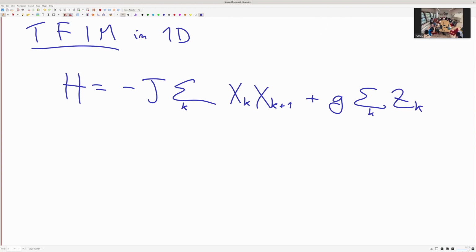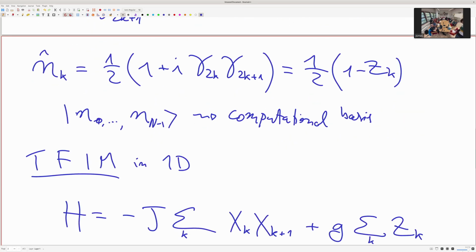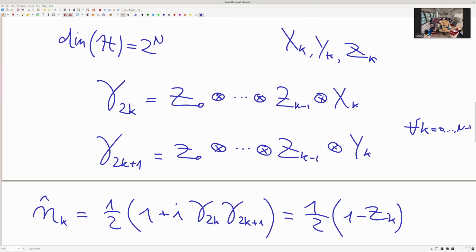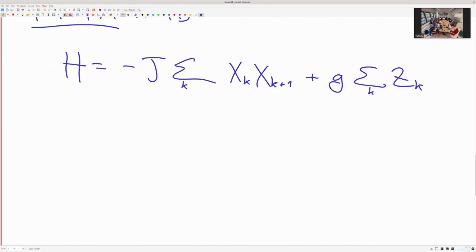So you have some kind of nearest neighbor XX coupling, and then some field in the Z direction. And you can try to rewrite these operators in terms of these gamma operators here, and you can see that it's not so hard to do. If you want, you can check that this is equal to the following.